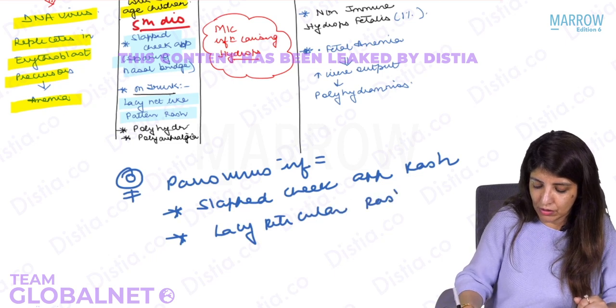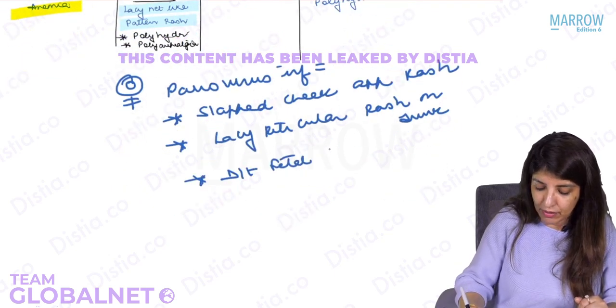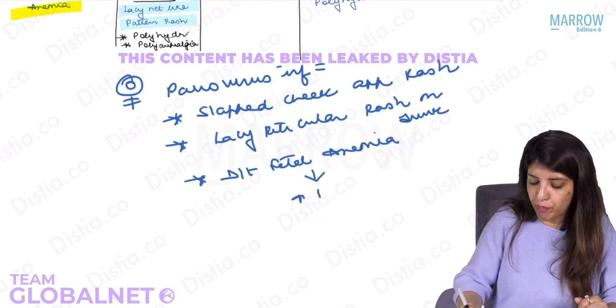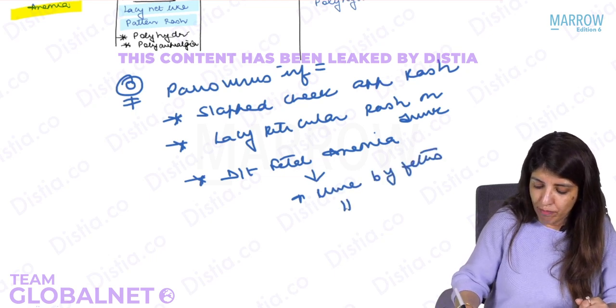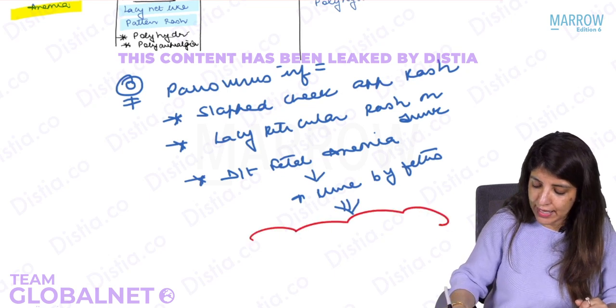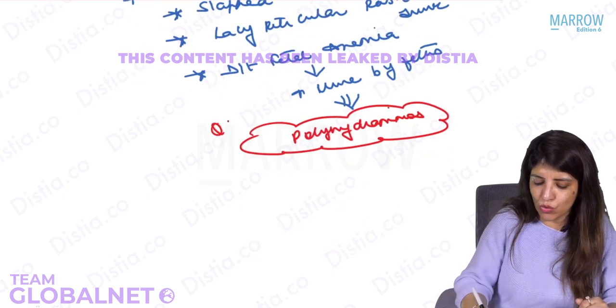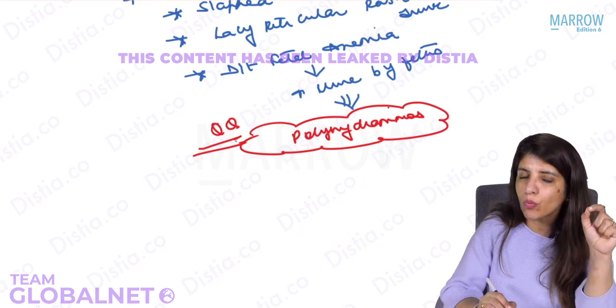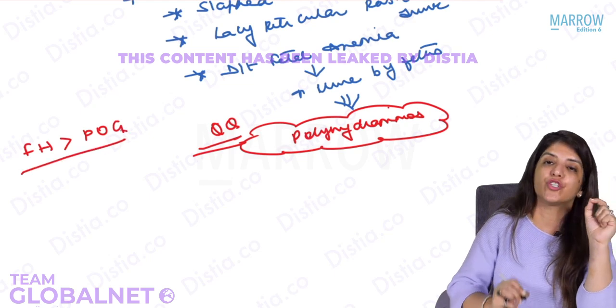on the trunk. Plus, due to fetal anemia, there is going to be increased urine production by the fetus, and so mother is going to have polyhydramnios. So in the pregnant female, you are going to get polyhydramnios. That's very, very typical. So in your question, they are going to say that fundal height is more than the period of gestation.